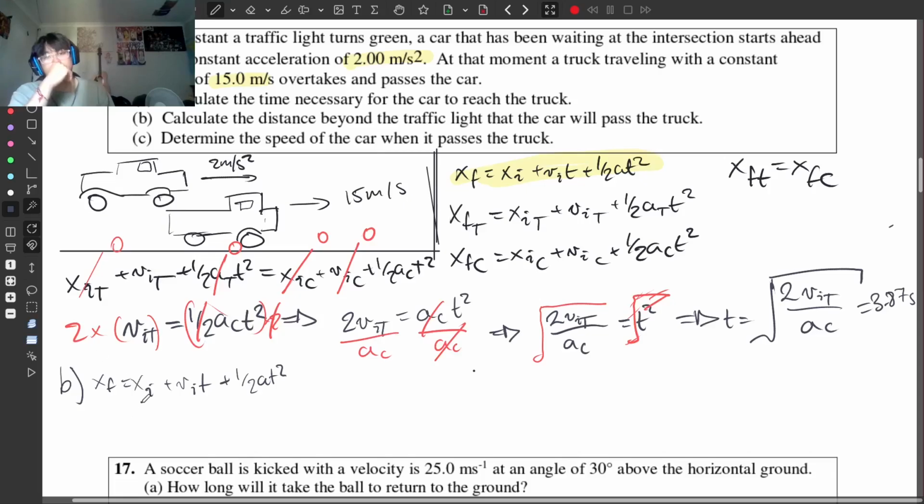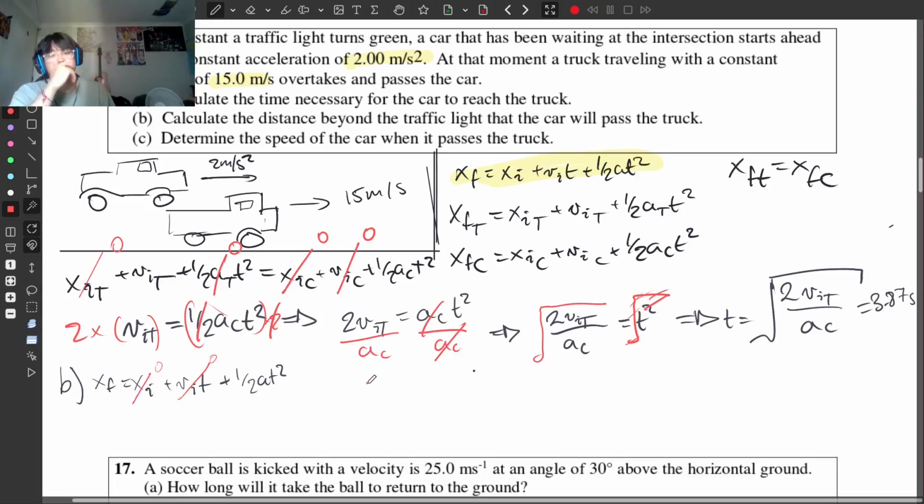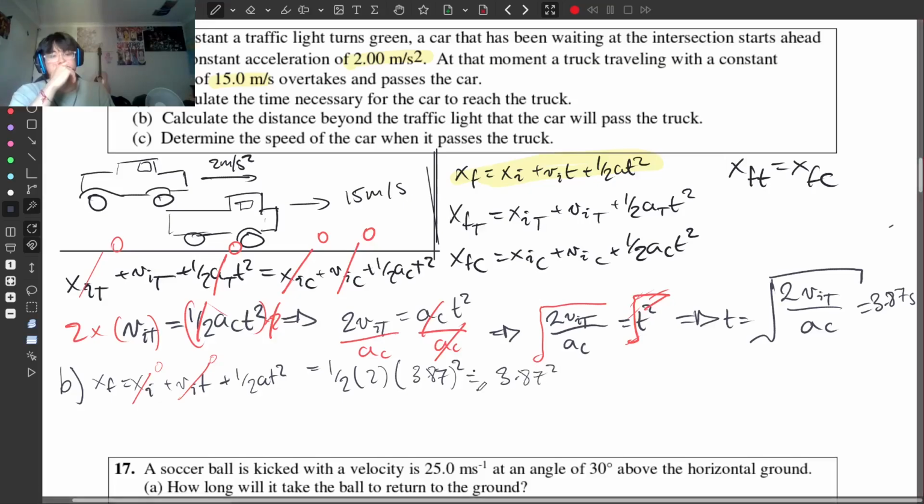But for the car, this is 0, this is 0. So then the displacement here will just be 1/2 of 2 times 3.87 squared, which is just 3.87 squared because this is just 1.